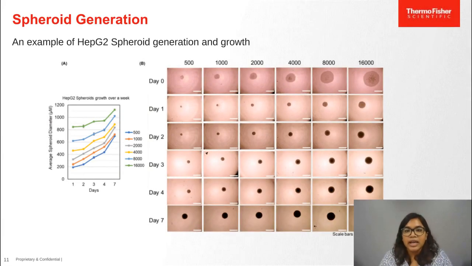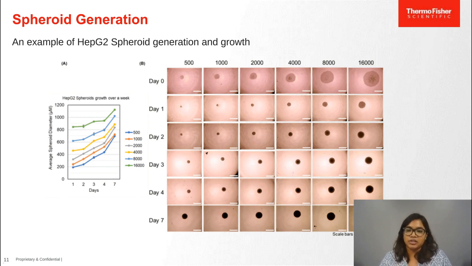So here we are looking at some immortalized cell line spheroid generation that we grew in lab. These are HepG2 cells. These cells were diluted and plated in a 96 well plate, from anywhere from 500 to 16,000 cells. And they were spun down after being plated, and that's where you see the day zero congregation of cells together.